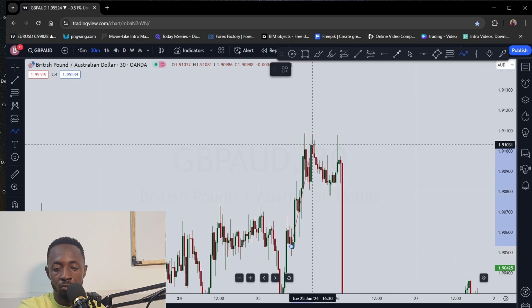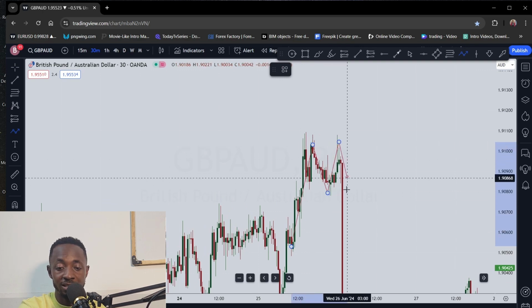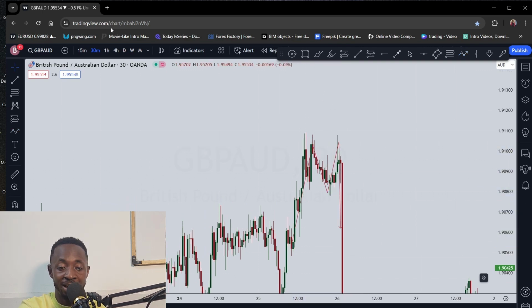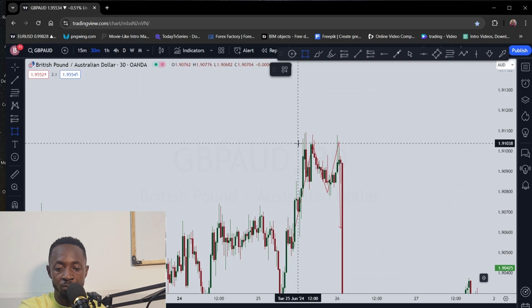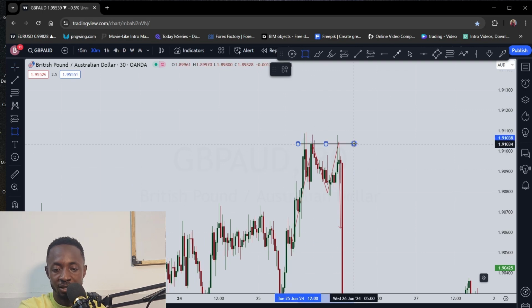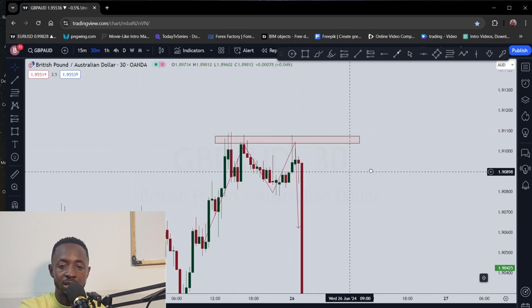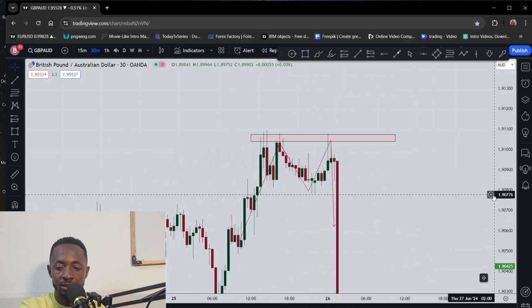I saw something like a double top here too, and it takes eyes to see it. Okay, I'm just showing this example so that when you see it, you begin to practice. Can you see that? The market came and could not break above this place, and it came back again to retest it and gave us a nice wick rejection.